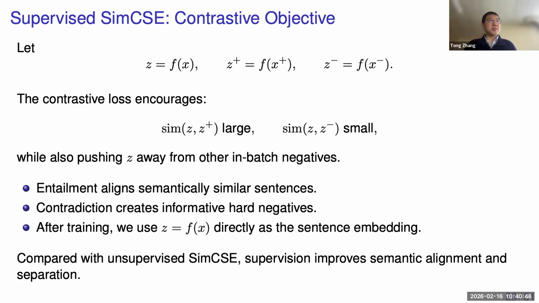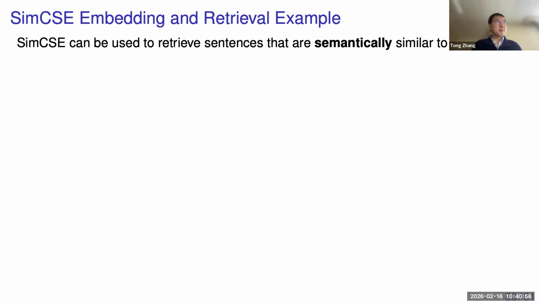You could use other signals in addition to the dropout if you have really positive, aligned sentences. For example, you can also use an LLM to generate positive aligned sentences, right? So that's another thing. And for the purpose of training embeddings, it is still useful nowadays.